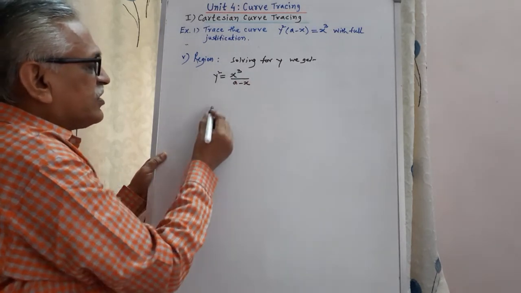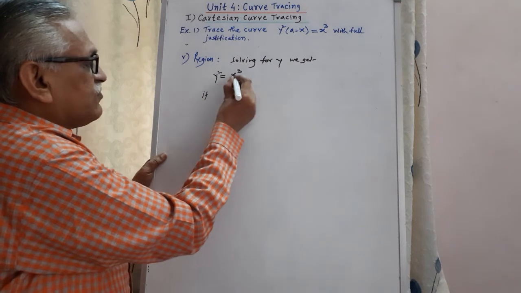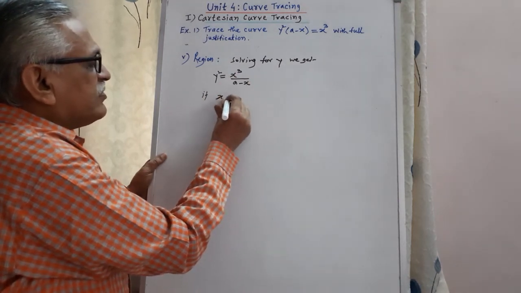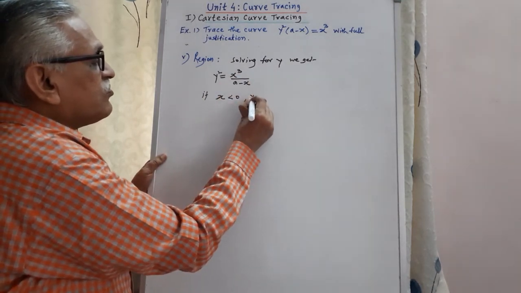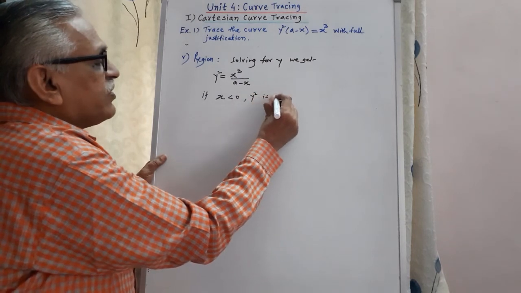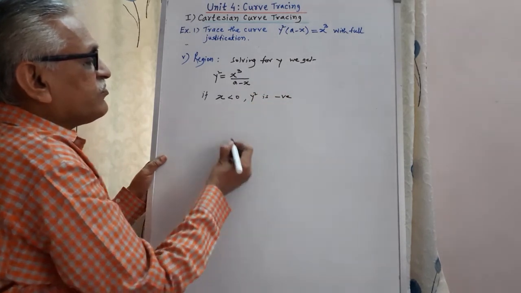If you consider the term from numerator, if x is less than 0, y square is negative.